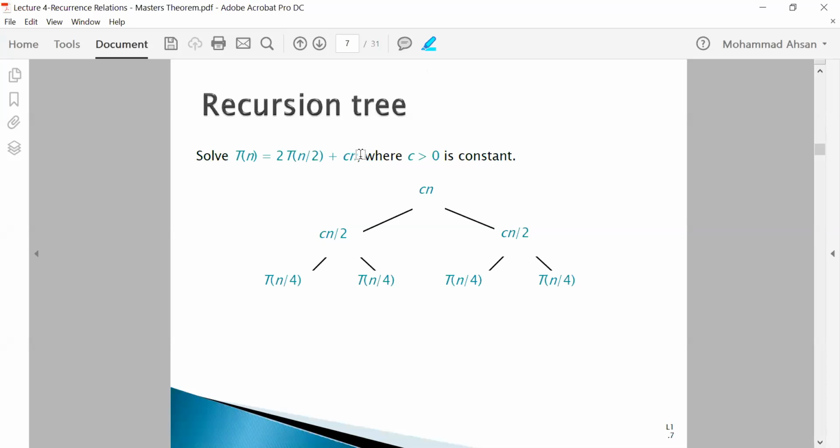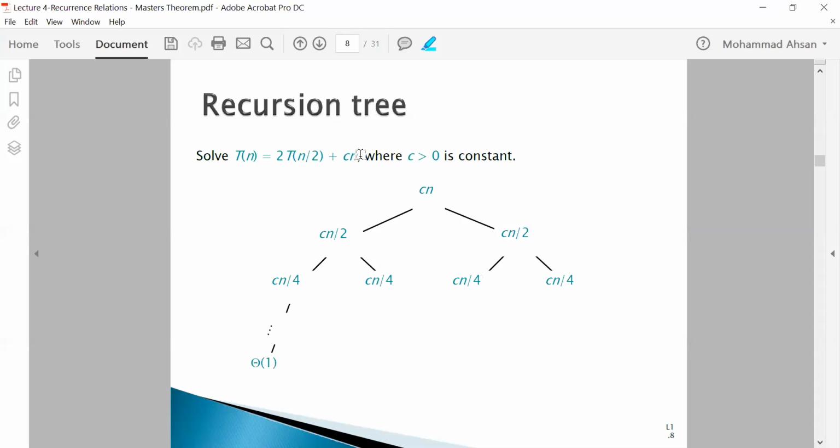If you see your iteration method, what do we do there? We replace T(n) by T(n/2), then n/4, then n/8, and then we say the pattern is n by 2 to the power k. Ultimately n is equal to 2^k, and you want to get to T(1).